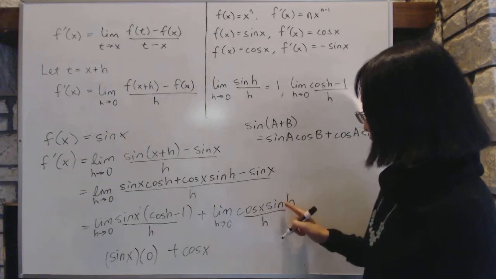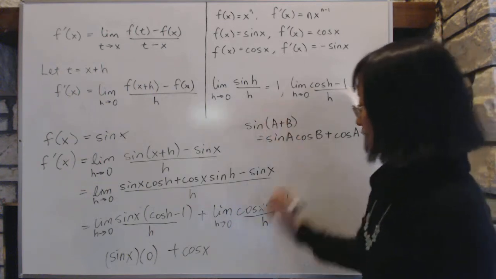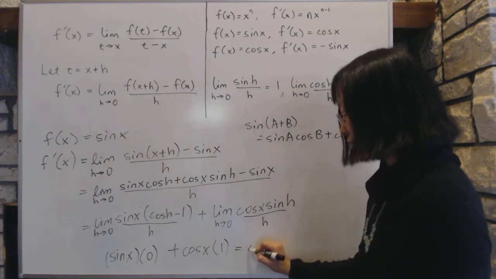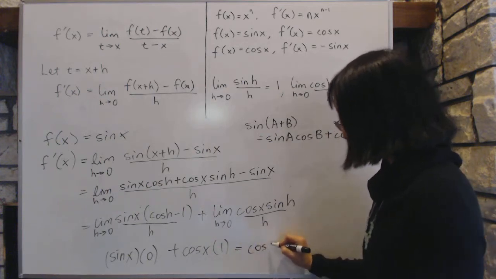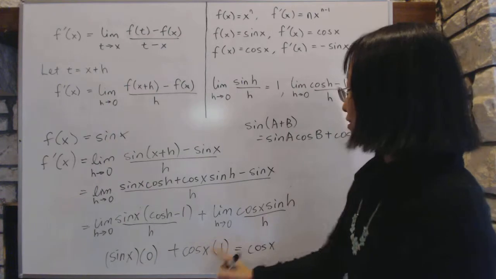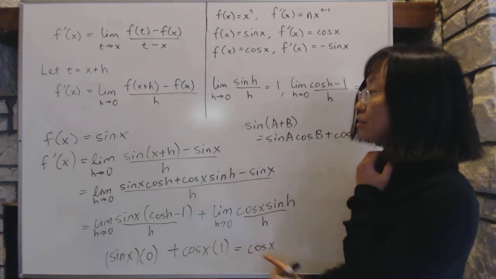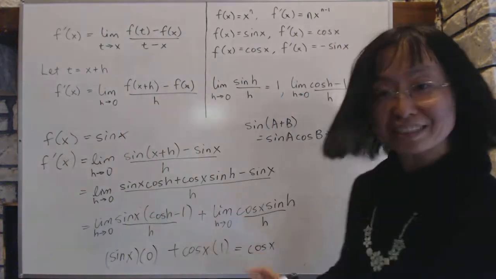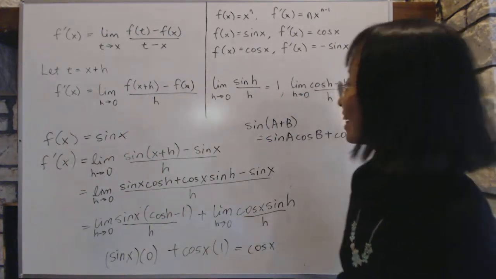So the limit of sine h over h is 1, cosine x times 1. And that all amounts to cosine x, because that other part is 0. So that's gone. So the derivative of sine x just happens to be cosine x, which is very, very nice, of all the luck in the world.